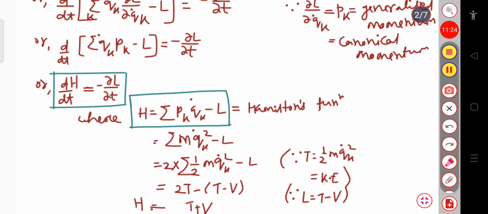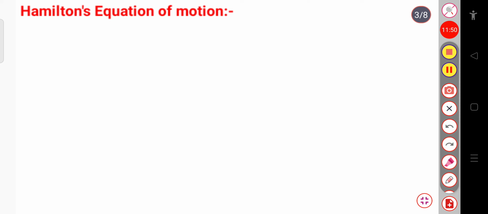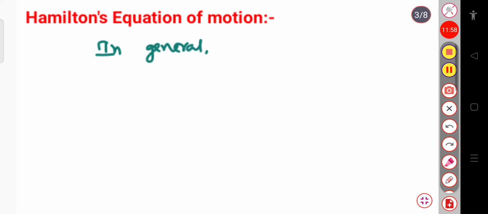In general, the Hamiltonian is a function of the generalized coordinates, generalized momenta, and the time t.